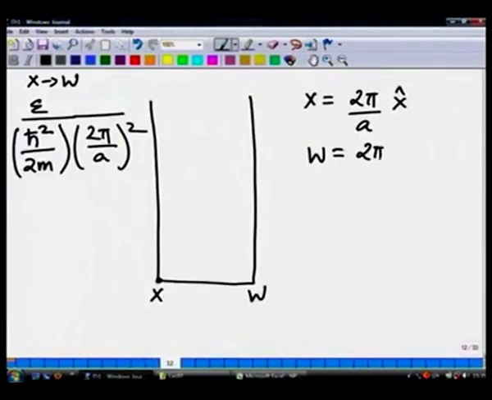So, that was 2 pi by a (x plus half y). So, if I want to go from the X point to the W point.